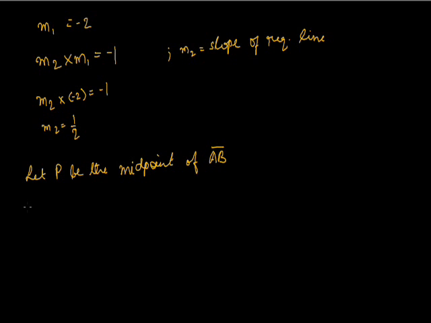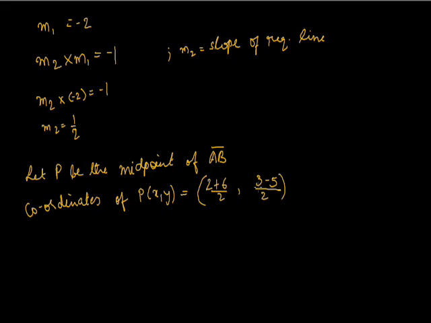Then the coordinates of P, that is x y, by the section formula, would be 2 plus 6 by 2 and 3 minus 5 by 2. That is equal to 4 comma minus 1. So P of x y is 4 comma minus 1.